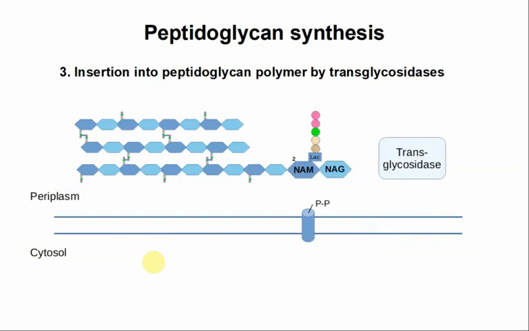They create a glycosidic bond, and at the same time, they destroy the bond from this phosphate group to the sugar. So you're destroying one bond, creating a new bond, but that's energetically equal, right? It's balanced. So it doesn't cost any extra energy to do this.